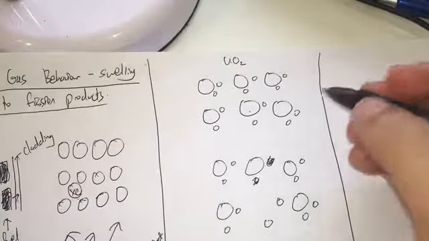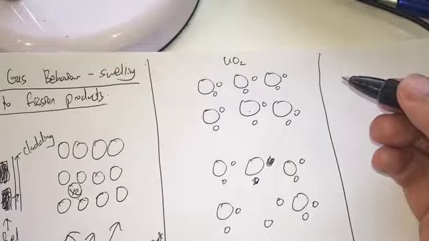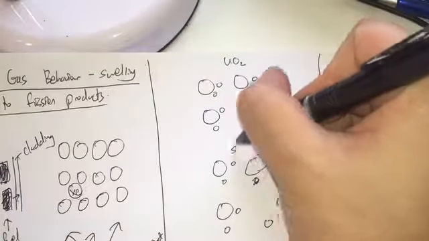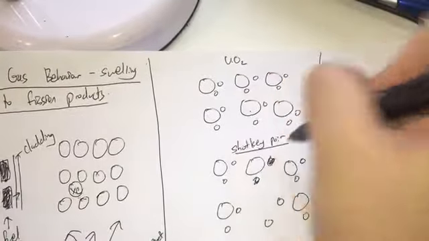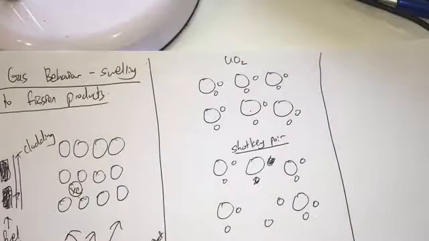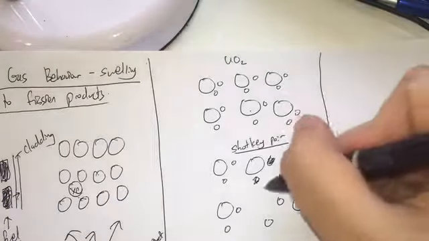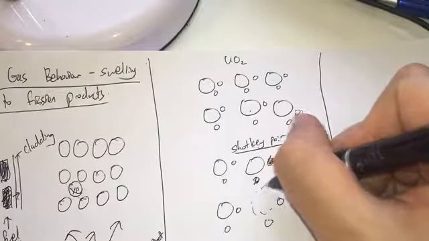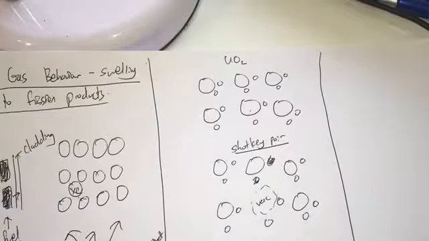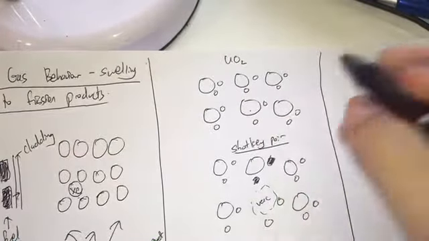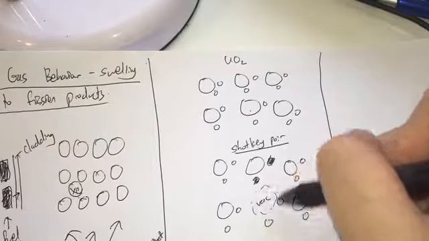Now let's say there's a Schottky pair missing, and then there are some vacancies available. So this is something like a vacancy. These 2 oxygens are missing along with this uranium.